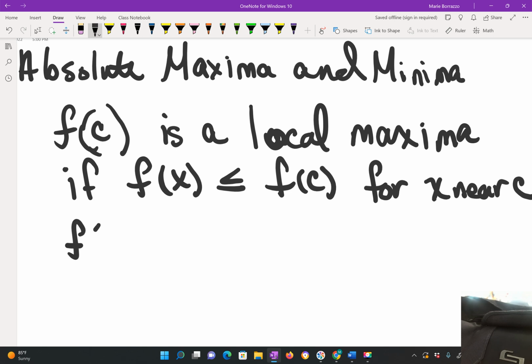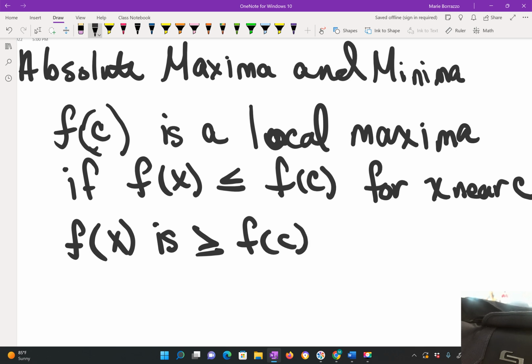we would say f of x is greater than or equal to f of c for x near c. And so we're interested in the largest or smallest values.